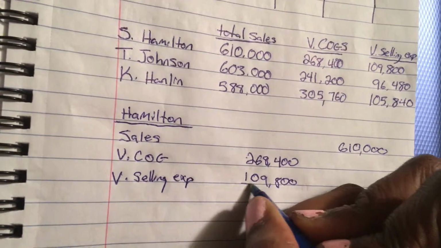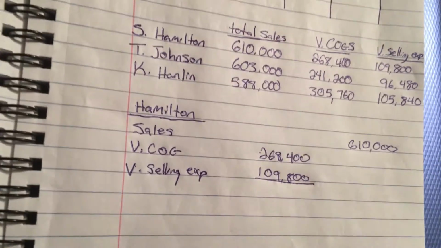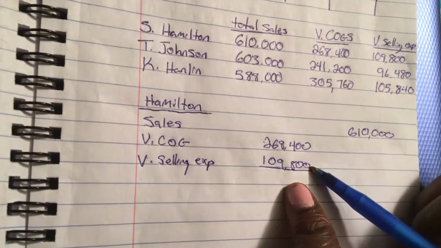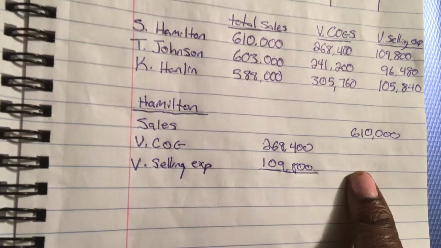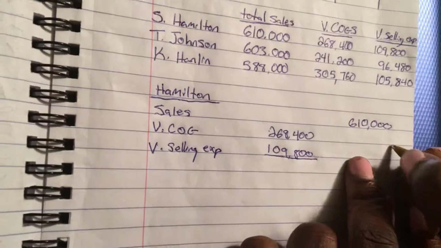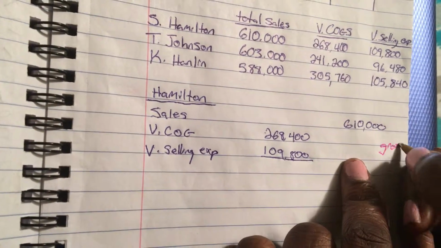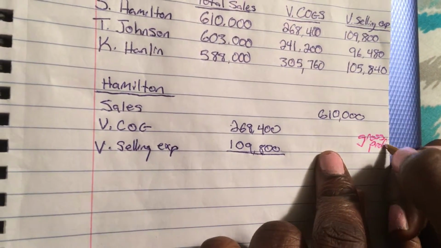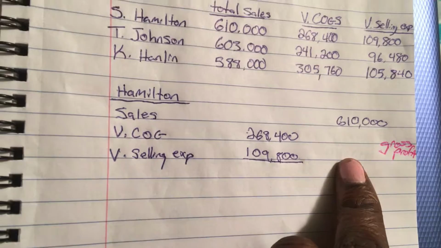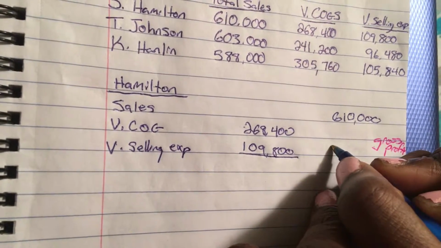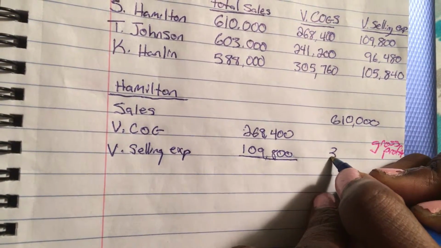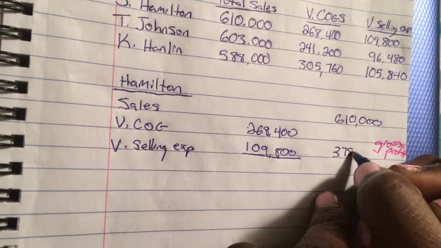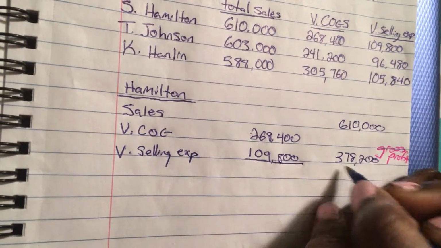Okay. At this point, we're going to add these together to calculate our total variable costs. And that equals $378,200.